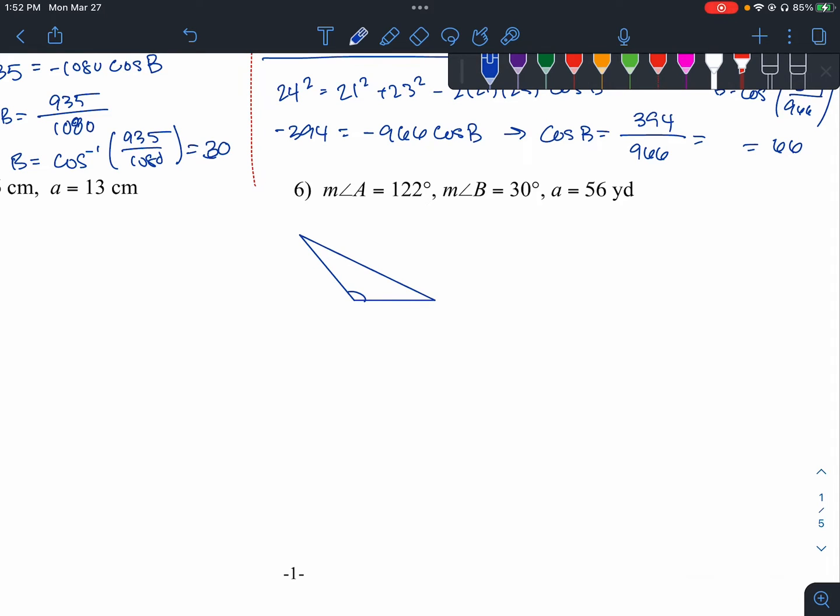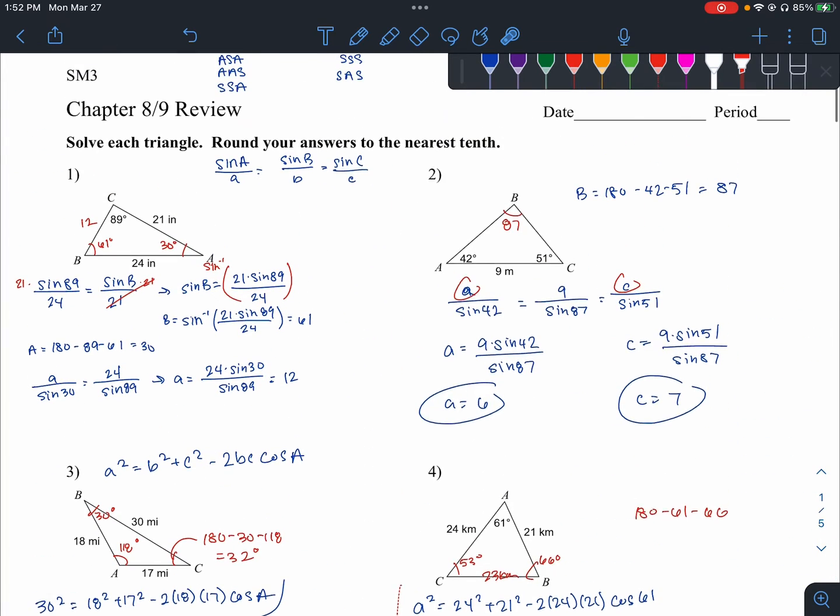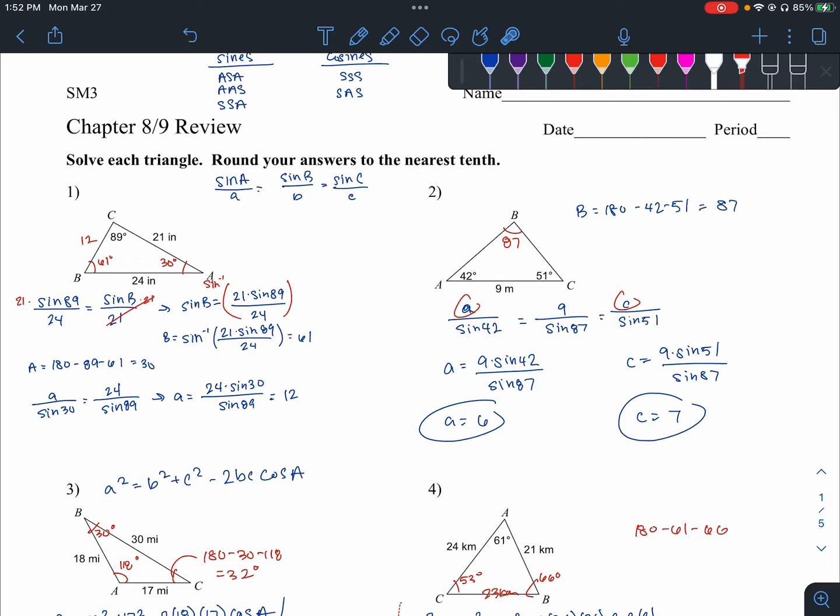This is angle A, that's 122. We'll call this angle B, and this is 30 degrees. And then we have this side over here, which is 56. So this is a case of angle-angle-side, and you can see that is a law of sines case.